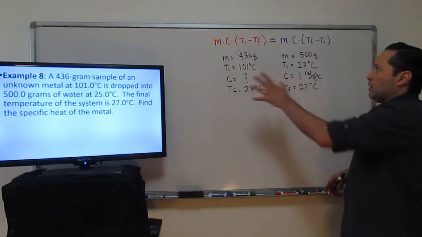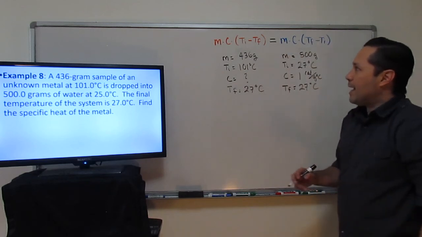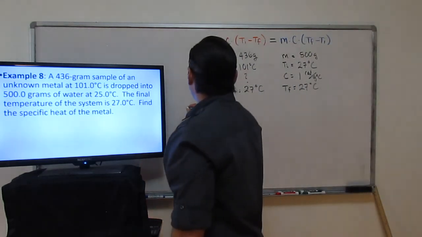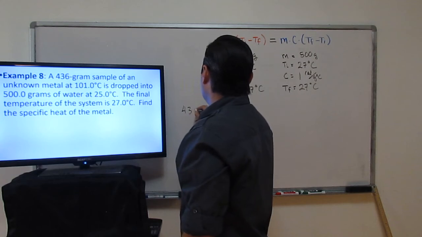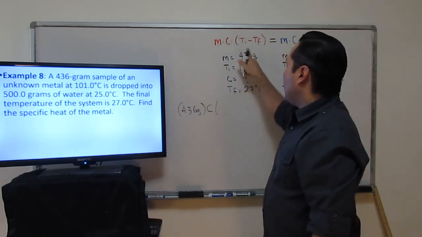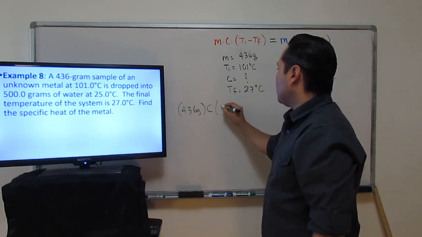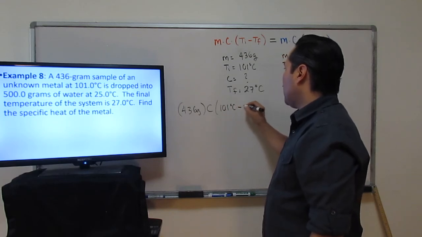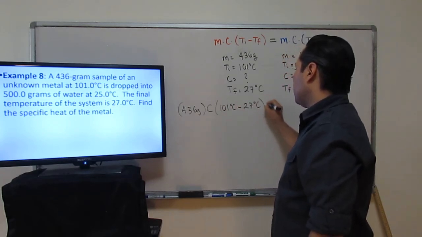All right, so now let's plug in all these numbers. We start with 436 grams multiplied times C, and here's Ti minus Tf, initial temperature 101 degrees Celsius minus 27 degrees Celsius.